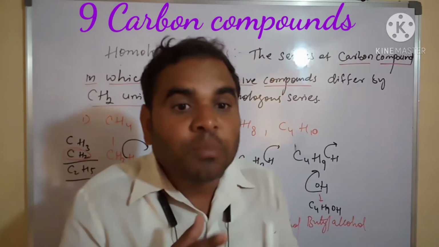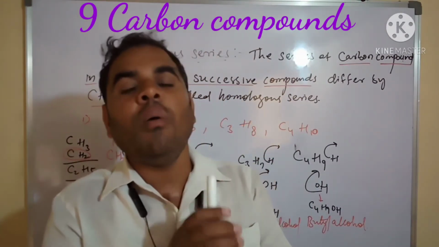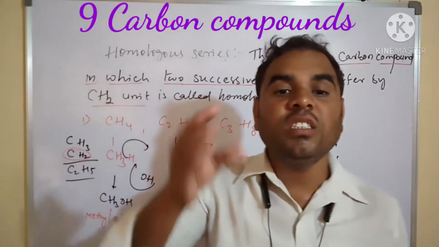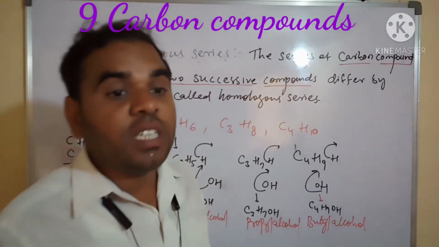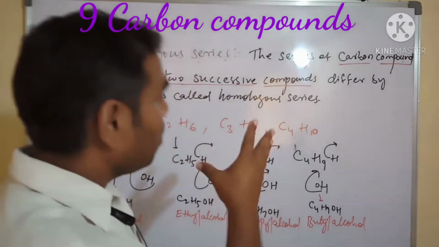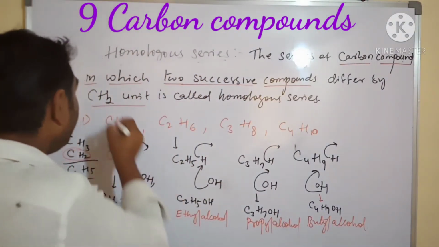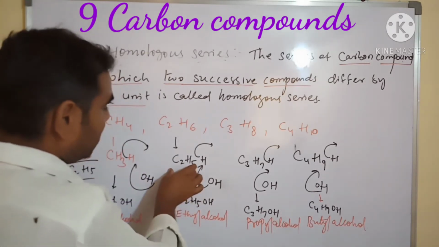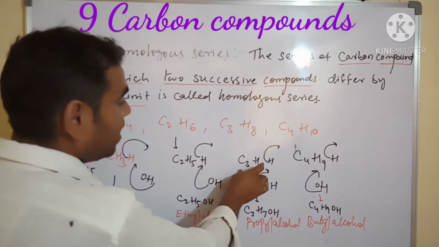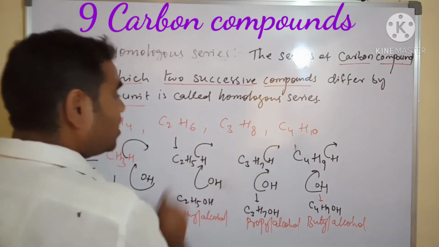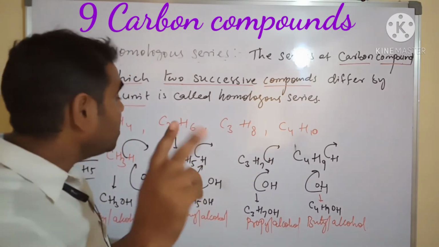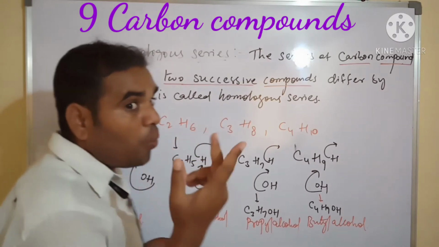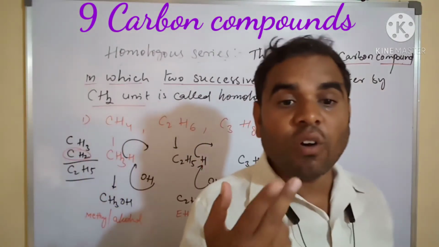If you observe the above series of compounds, you will notice that each compound in the series differs by a CH2 unit. Each one is a CH2 unit. Here C2H5, here C3H7, means only 2 units are different.